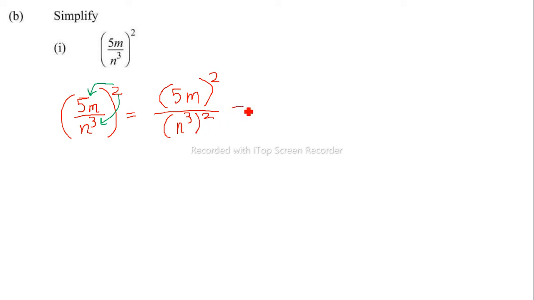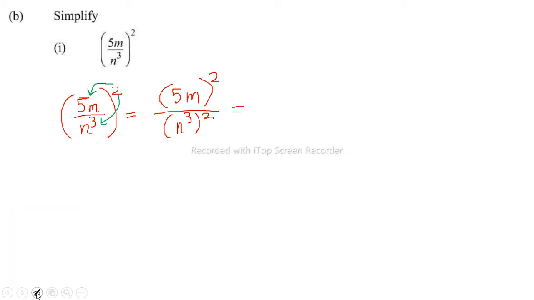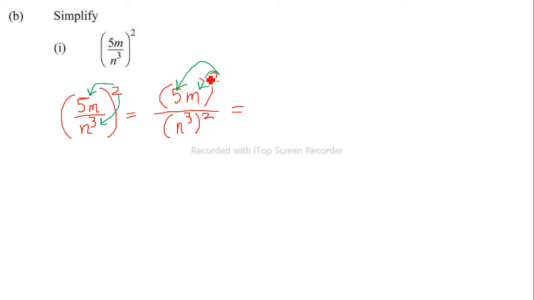The next thing that we're going to do is take the squared term, the exponent, and apply it to the 5 and apply it to the m. So it's going to be 5 squared, which is 25, and m squared.